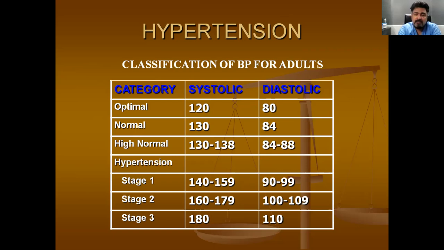Then 84 to 88. Now in hypertension, stage 1, stage 2, stage 3. Stage 1 has a limit of 140 to 160 systolic, and up to 100 diastolic. Stage 2 is up to 110 diastolic and up to 180 systolic, and 180 and above is stage 3.